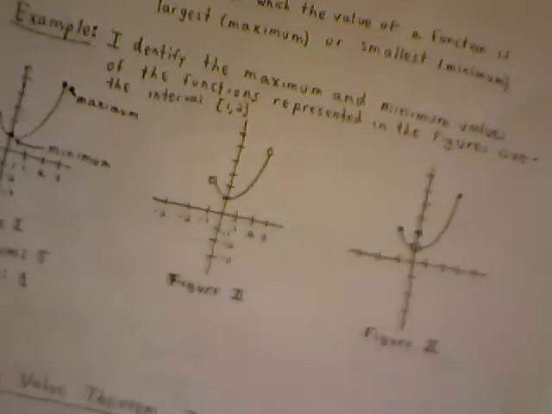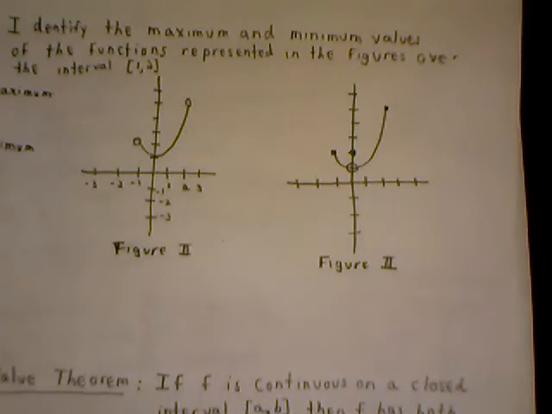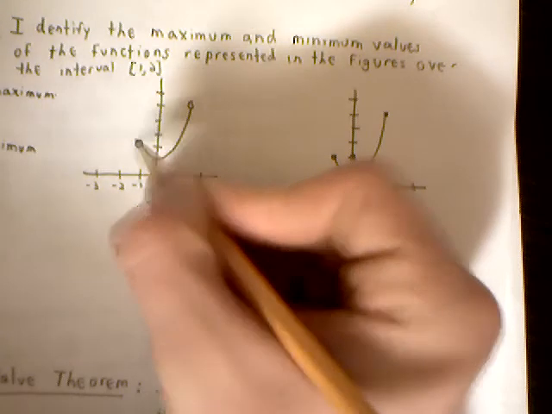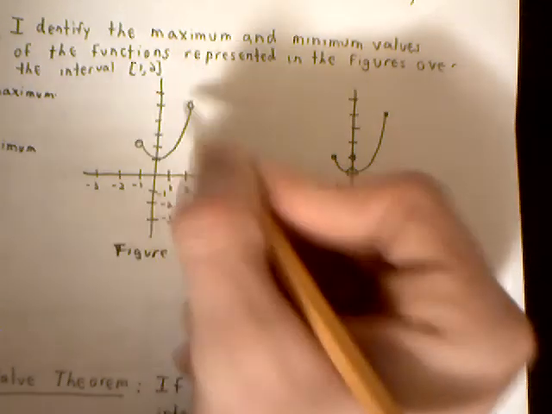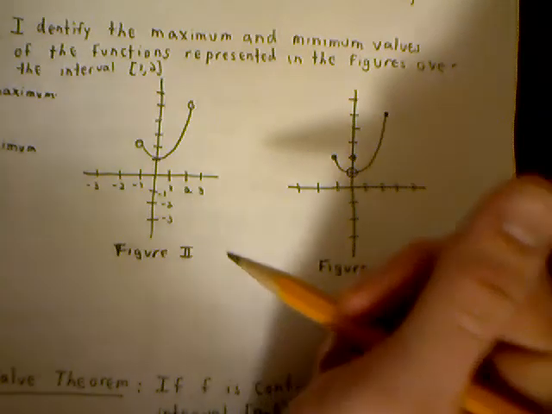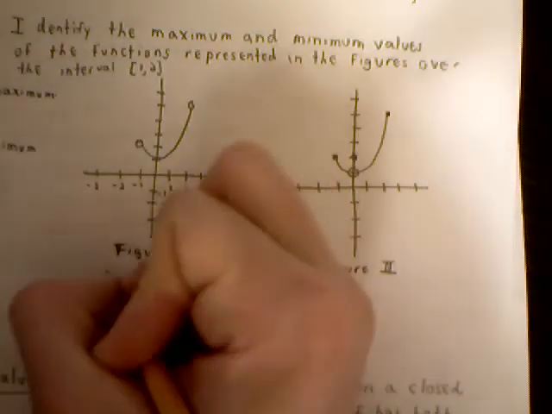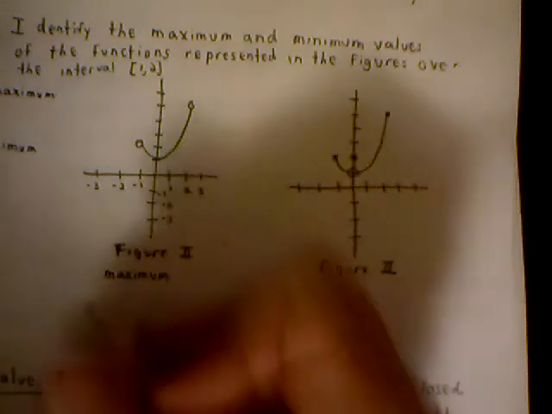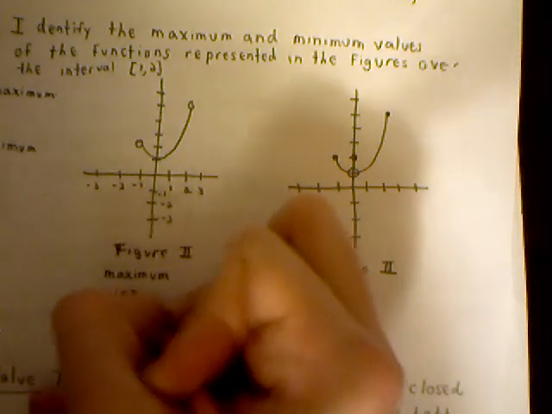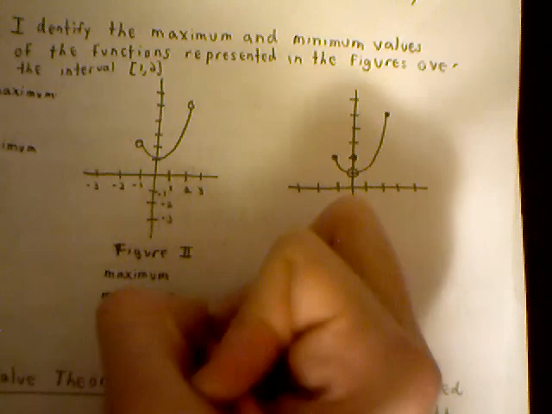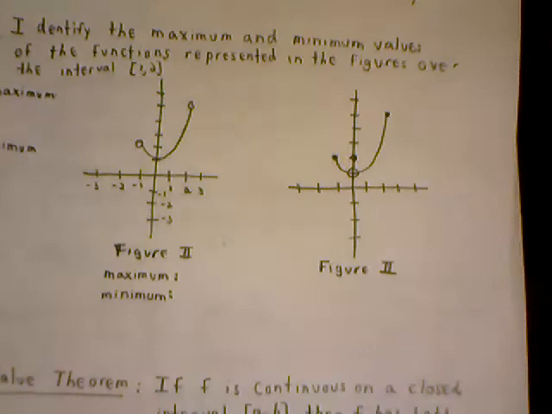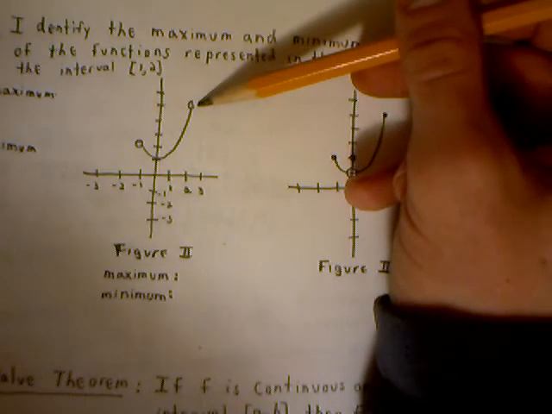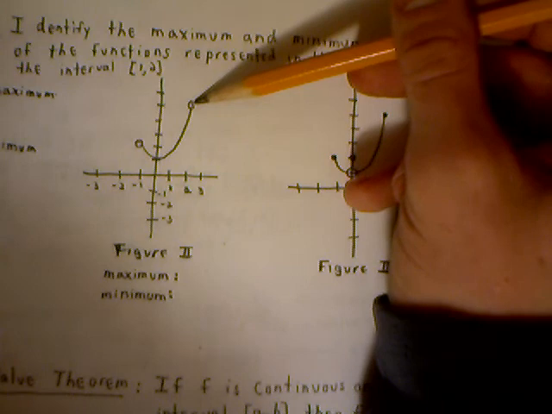Now let's look over at figure 2. So figure 2 is a little different. Here I have an open interval. I see that my function is not defined at the endpoints. Now, for this open interval, I want to identify the maximum and the minimum. When I try to identify the maximum, this point is not defined.